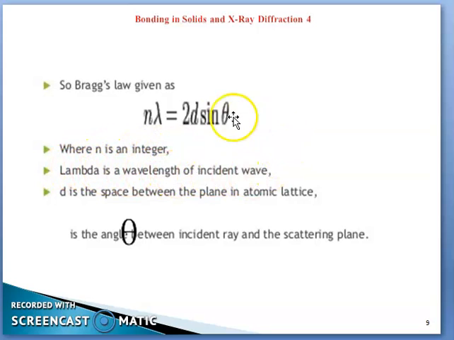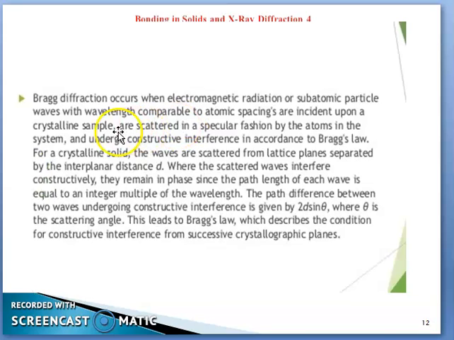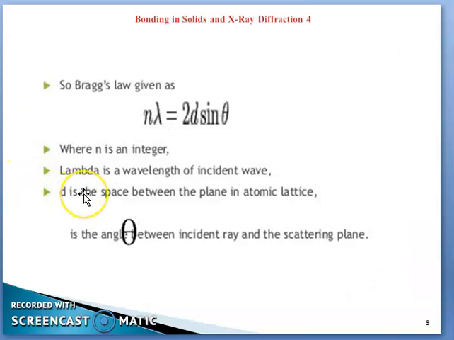where n is an integer, lambda is the wavelength of incident waves, and d is nothing but what? D is the space or distance between the two planes of the atomic lattice, and theta is the angle between incident ray and the scattering plane, which I have already shown you in the figure.